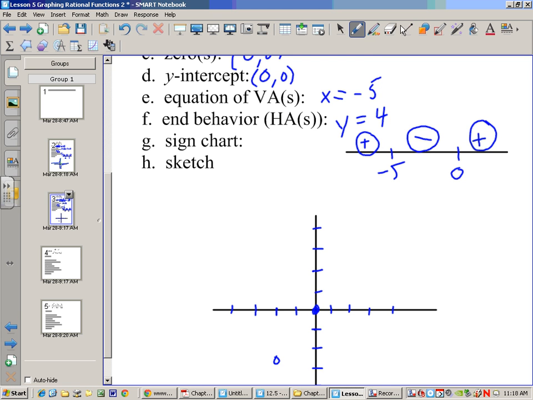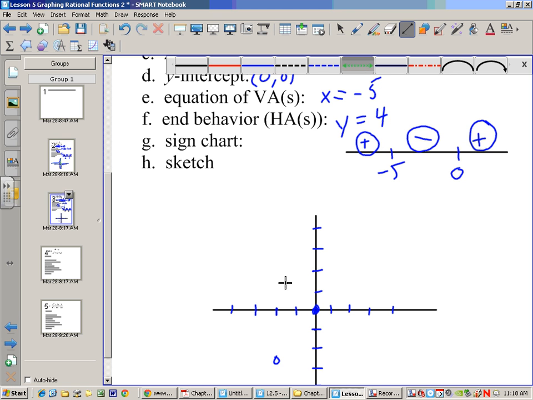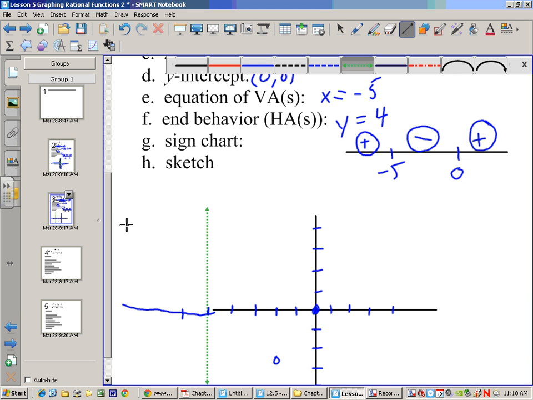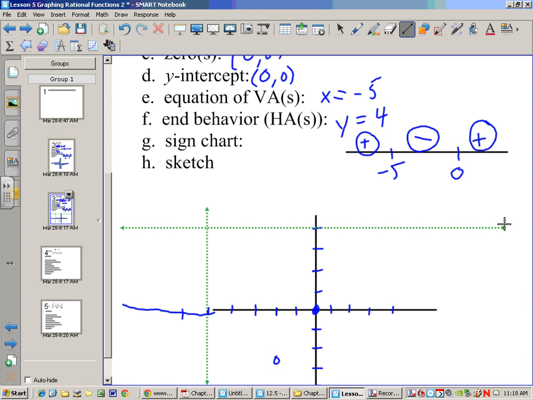A vertical asymptote at x equals -5, so that would be over there. Could have scaled this a little bit better. And then an end behavior at y equals 4. Looks like that.